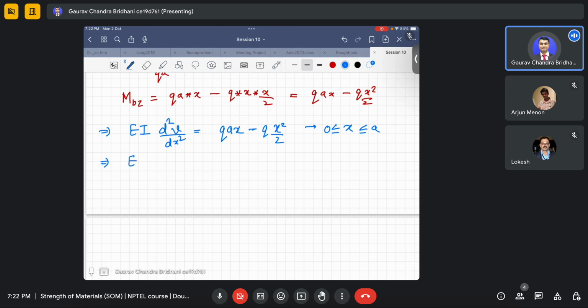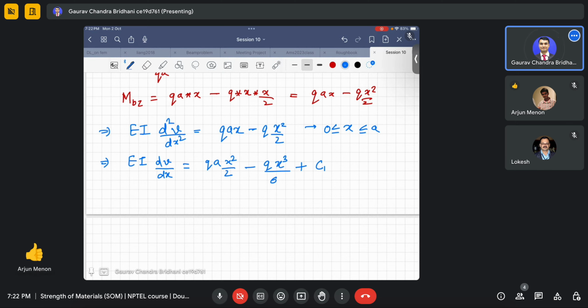So we have EI dV by dx is equal to QA x square by 2 minus Qx cube by 6 plus C1, correct, that is the integration.